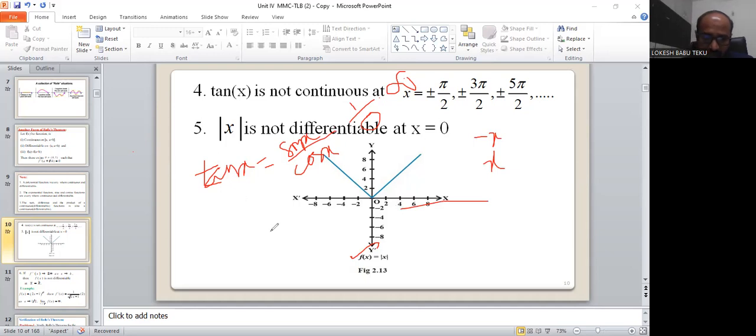So the left derivative is not equal to the right derivative. That is why this is not differentiable, right? I think you understood clearly. Okay, very good.